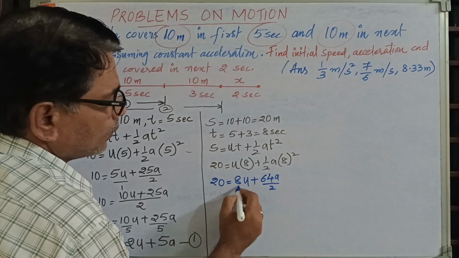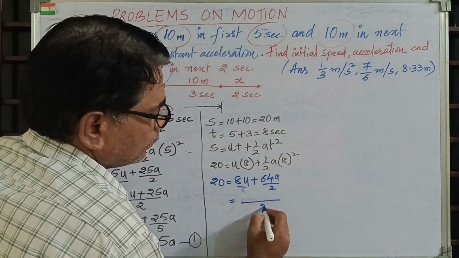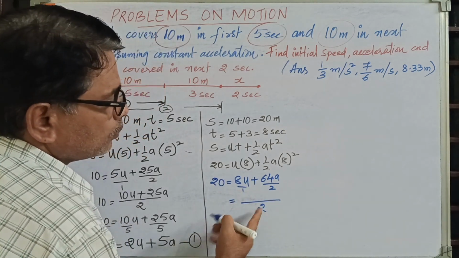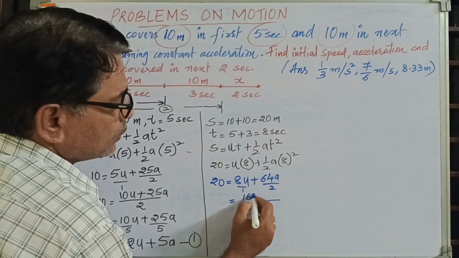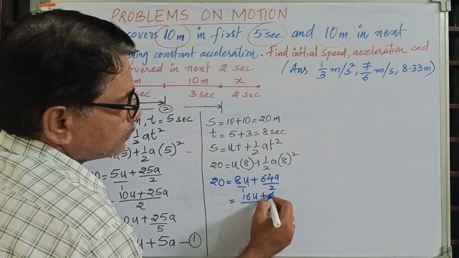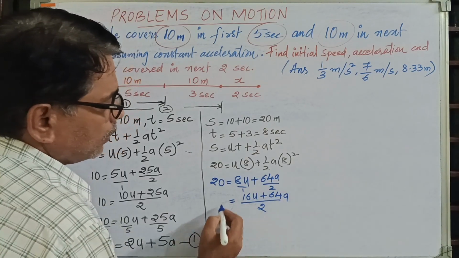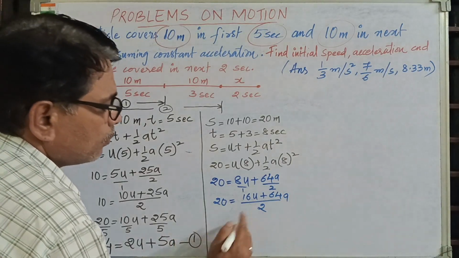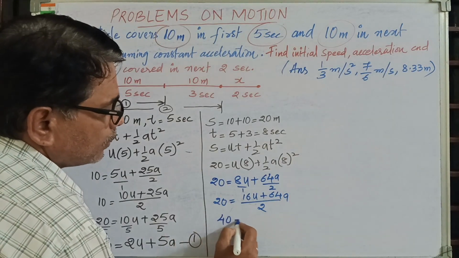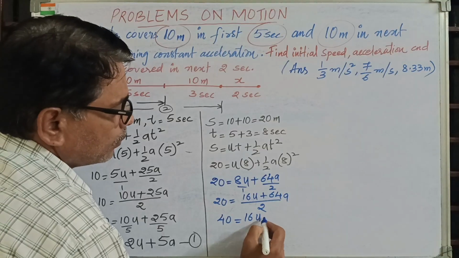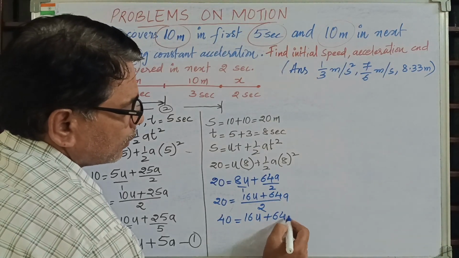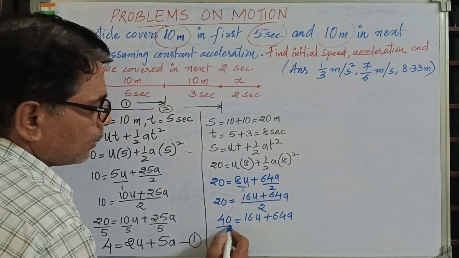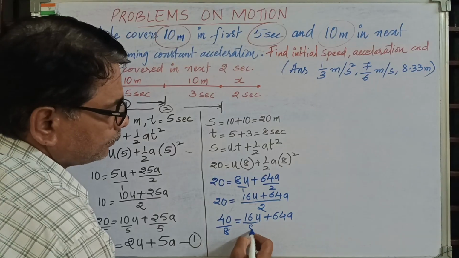Again LCM is 2. 1 goes into 2 two times. 2 8s are 16U plus 64A, and here it is 20. Now cross multiply: 40 is equal to 16U plus 64A. Now divide this by 8.